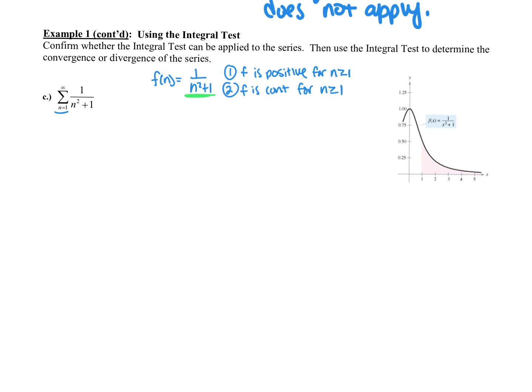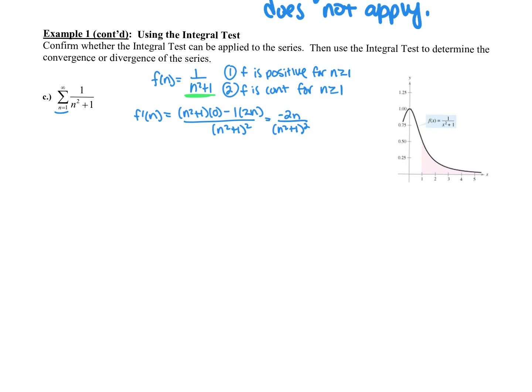And so now we just need to check decreasing. So let's look at f prime. And we'll do low d high minus high d low, all over the square of what's below. And so we'll have negative 2n over n squared plus 1 squared.